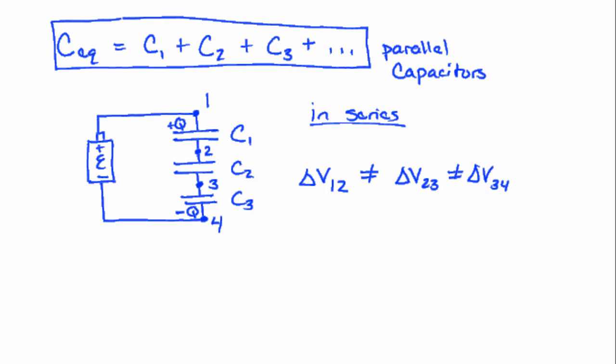The top plate has positive Q, which means that the bottom plate of capacitor 2 has to have minus Q, which is inducing a charge. The top plate with positive Q, and then again we end up with a negative Q on the bottom plate of capacitor 1. So, looking at this, each capacitor has the same charge Q.